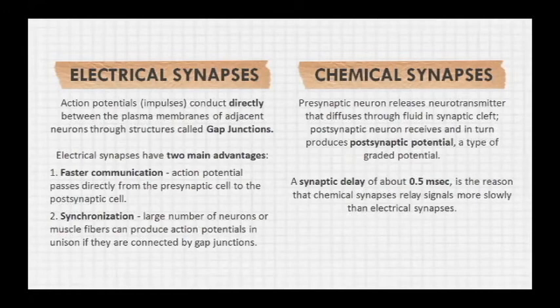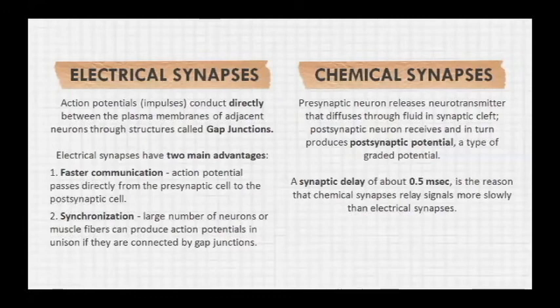I hope you could still remember gap junctions, which we have discussed in the first lessons around the tissues. And electrical synapses have two main advantages. It is much faster, and of course it is more synchronized.